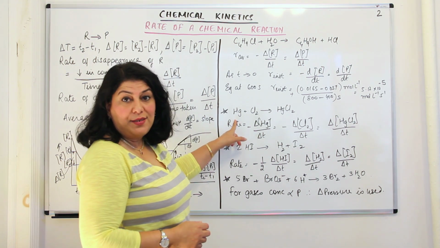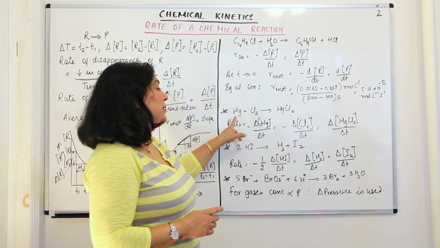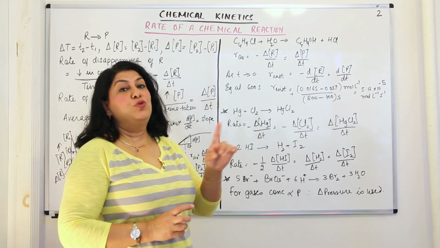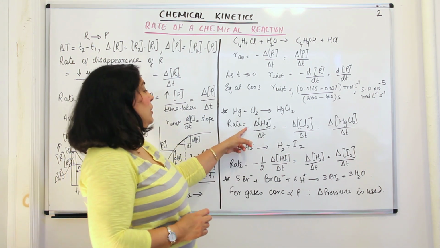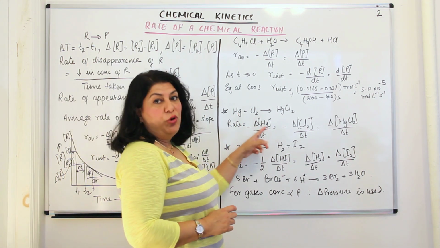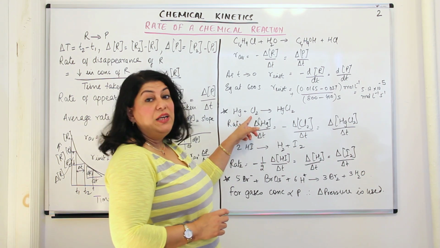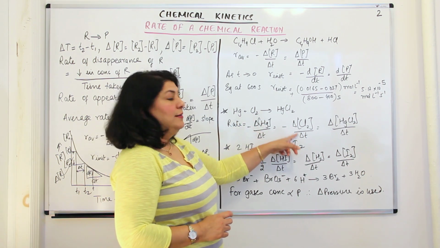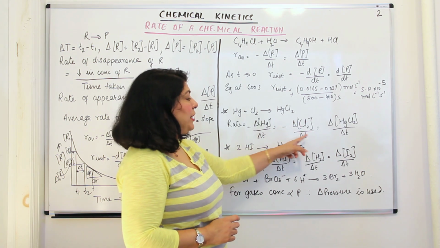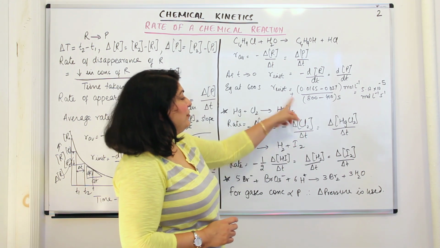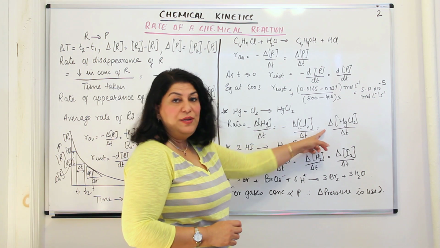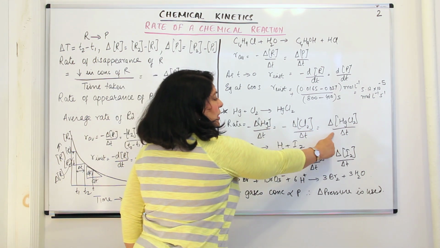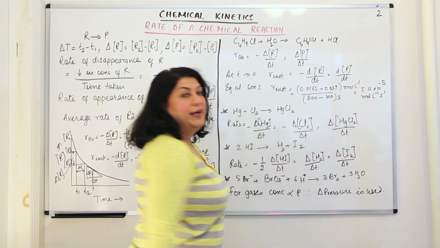Because it's a reactant, and whenever we calculate the rate in terms of a reactant, we have to use a negative value. So it will be minus delta [Hg] upon delta T. In terms of chlorine, it will be minus delta [Cl2] upon delta T. And in terms of the product, it will be a positive value: positive delta [HgCl2] upon delta T.